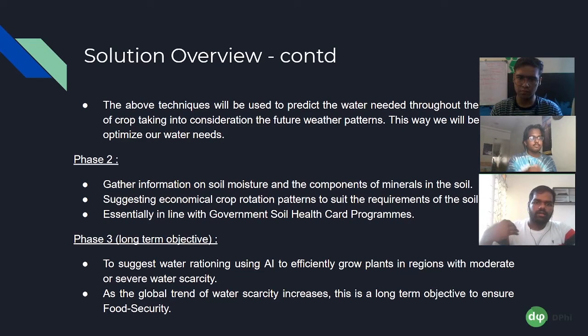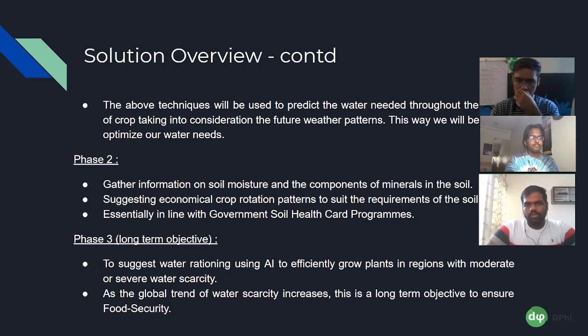In our case, we plan to take temperature, soil moisture, and various other parameters that can help the farmer utilize the resources very efficiently. So using this model, we suggest the crop pattern rotation, so that it will also be very economical to the farmer.